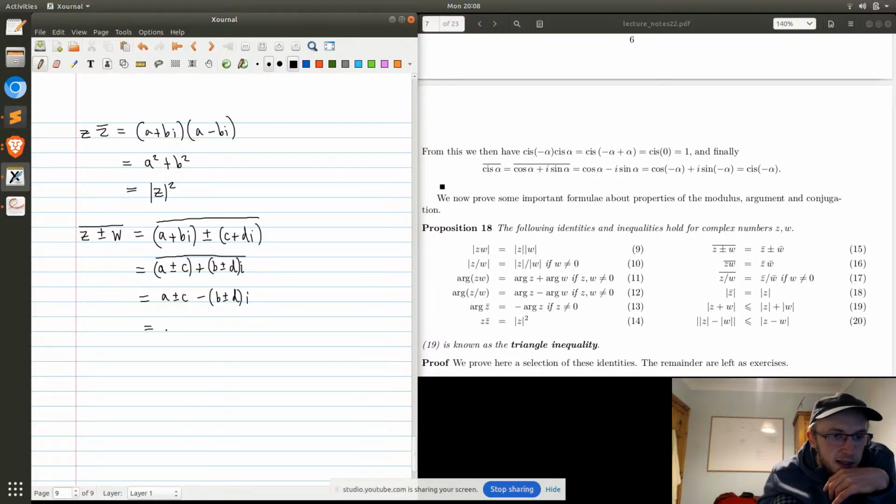And then, what's that? Okay, then we go a minus bi. That minus sign will turn that into a minus plus.